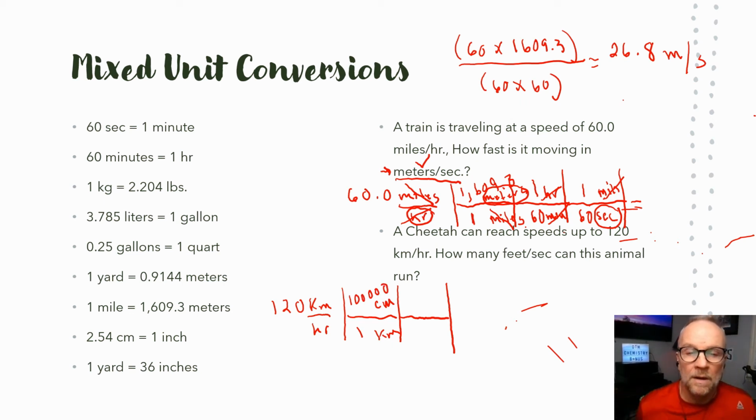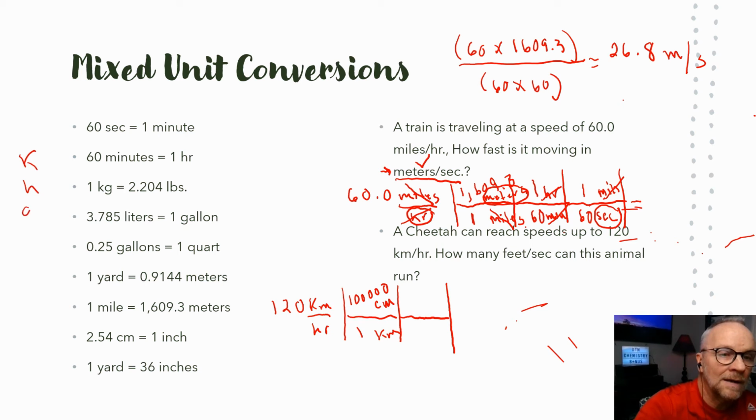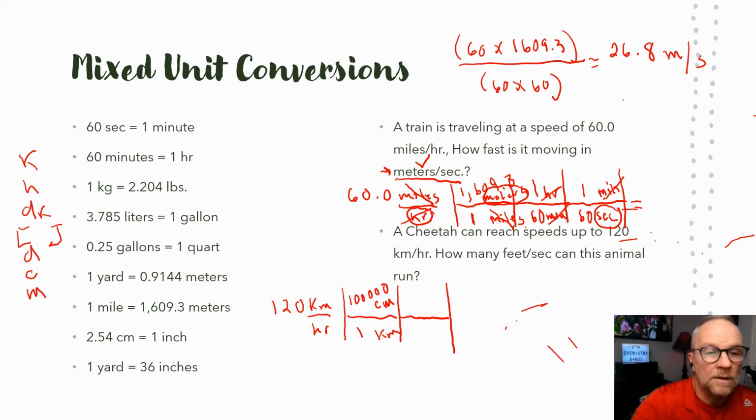100,000 centimeters. So if you go, kids have died over doing conversions, metric. You've got centimeters here, and you've got kilometers way up here. So kilometers is bigger, so it'll receive a value of 1.